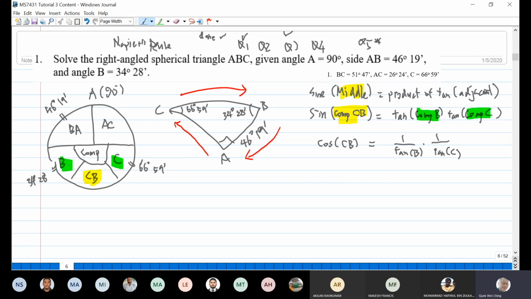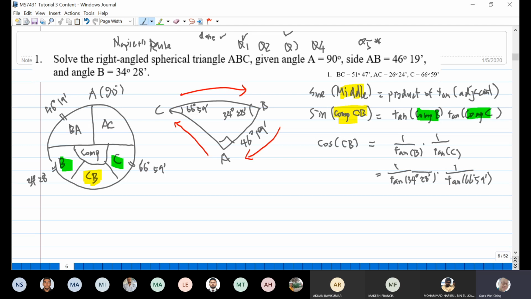So 1 over tangent B, which is 34 degrees, 28 minutes, and 1 over tangent C, which is 66 degrees, 59 minutes. So you multiply them and let's see what you get.